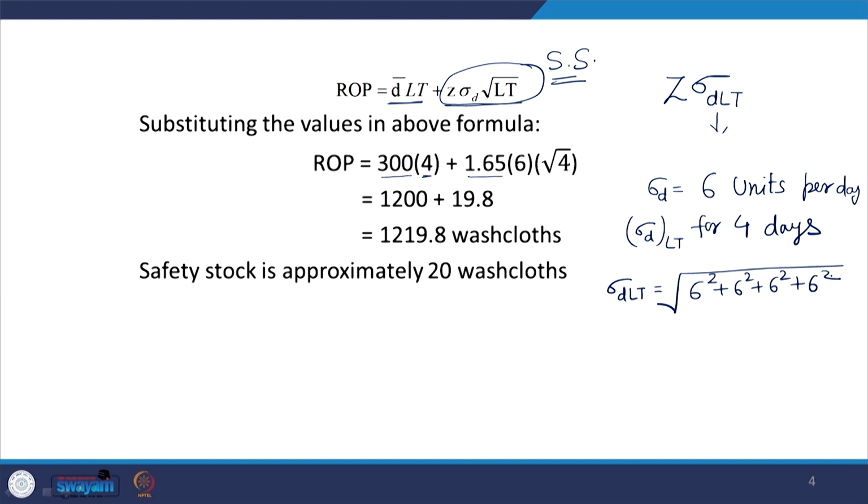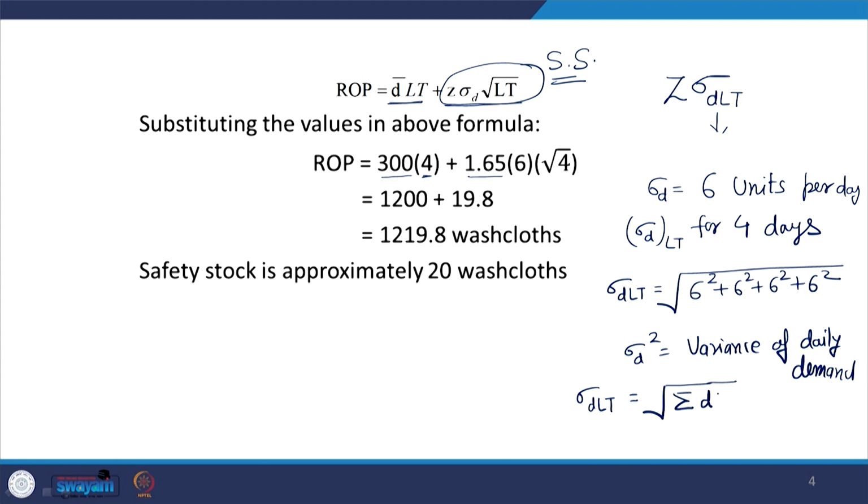So, sigma D square is equal to the variance of daily demand, and to calculate sigma DLT we take the square root of sigma D square times LT.